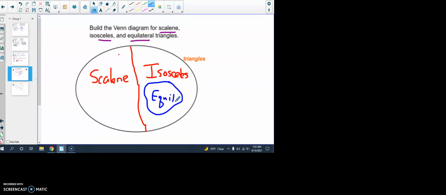It actually has 3. So we have an isosceles triangle that would look like this, that would not fit inside the equilateral loop. It would have 2 equal sides, where the equilateral triangle, for example, all 3 sides would be marked the same. And for scalene triangles, these are triangles with no equal sides.